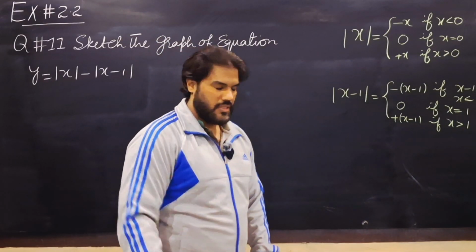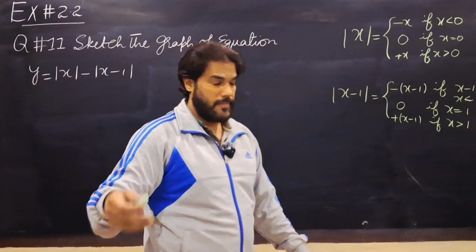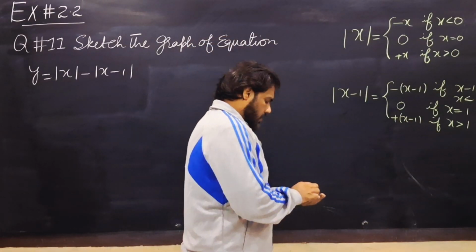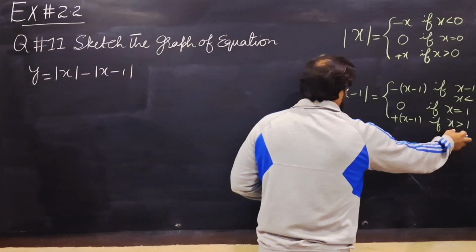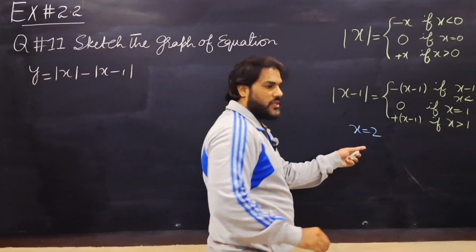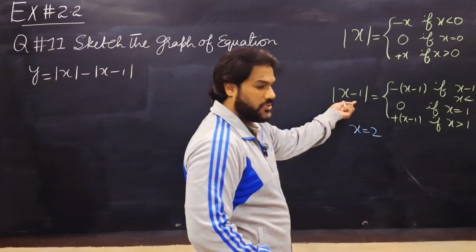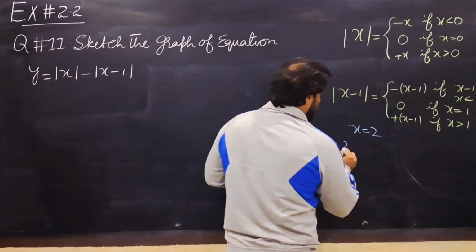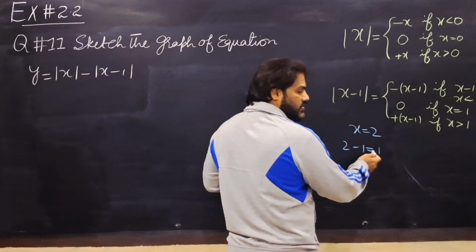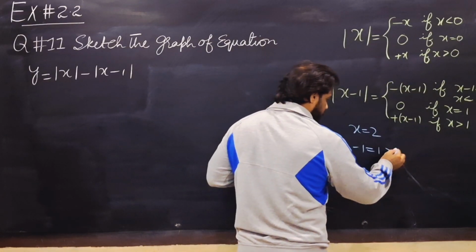You can verify these definitions with numerical values. For example, if you take any number greater than 1, suppose x is equal to 2, then inside the absolute value it becomes 2 minus 1, which is 1. Is 1 positive or negative? This is positive.